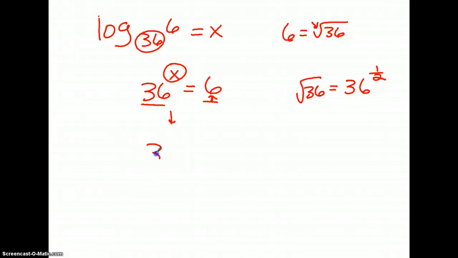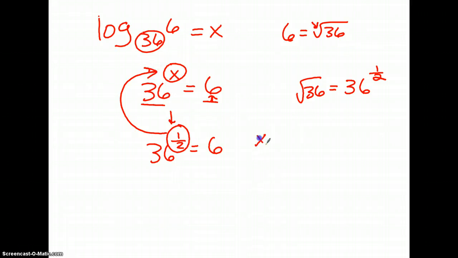So 36 raised to the 1/2 power equals 6. So my answer is x equals 1/2. Remember that raising a number to the 1/2 power is the same thing as taking the square root. Refer back to your rational exponent notes if you're not quite too sure about that.